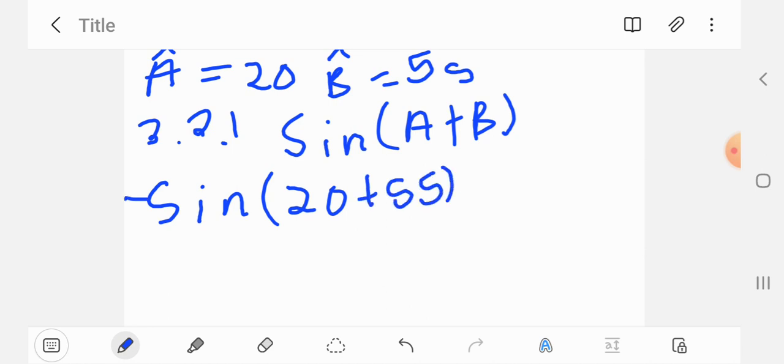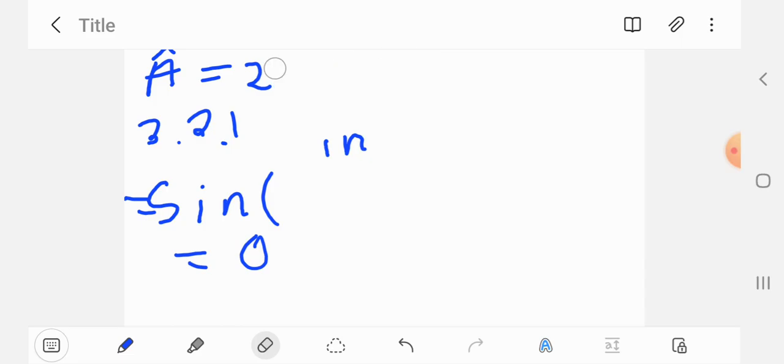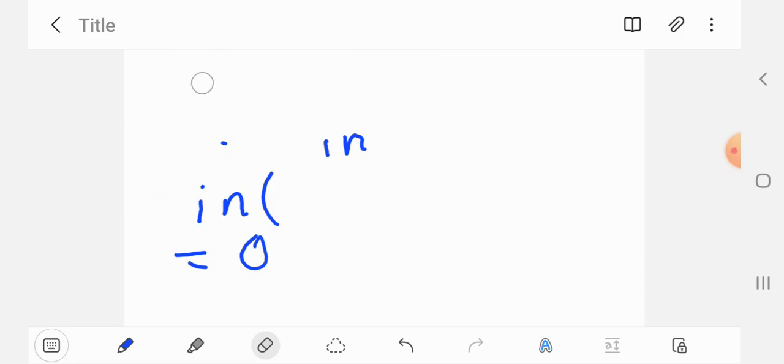You just put this into your calculator and you will get 0.97. We are asked to round off to 2 decimal places. I hope you understand this. So I'm just going to erase it and then go on to number 2.